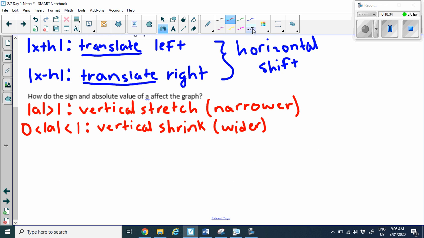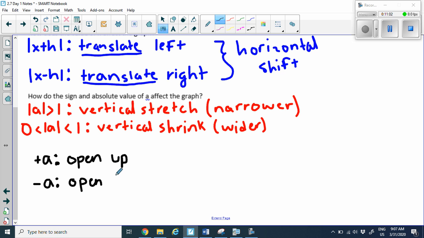So the last thing we need to talk about is the sign, the positive and negative. When you have a positive A value, like for most of our problems, the graph is going to open up. But if we have a negative A value, our graph is going to open down.